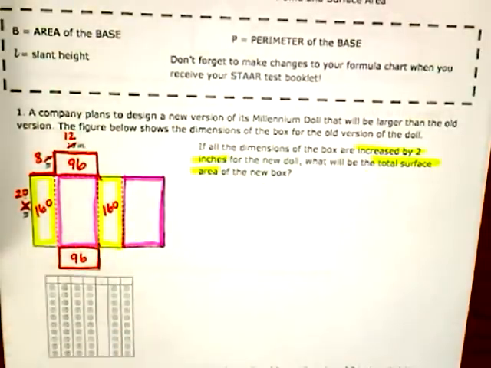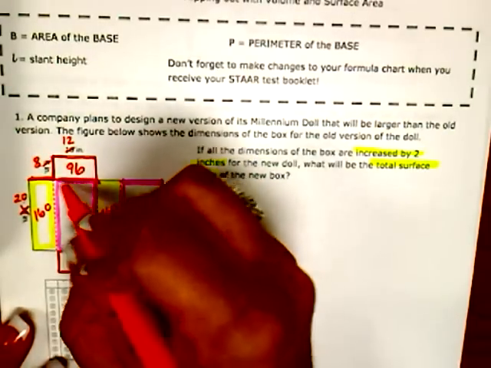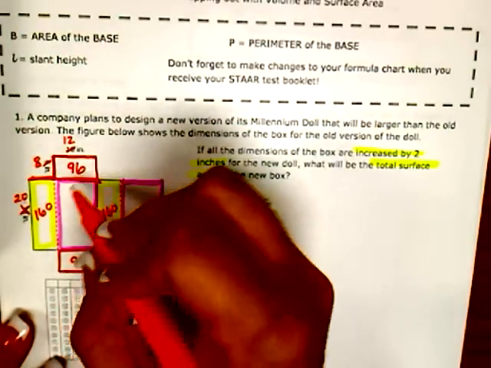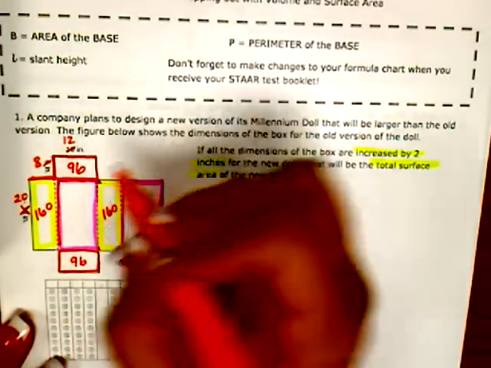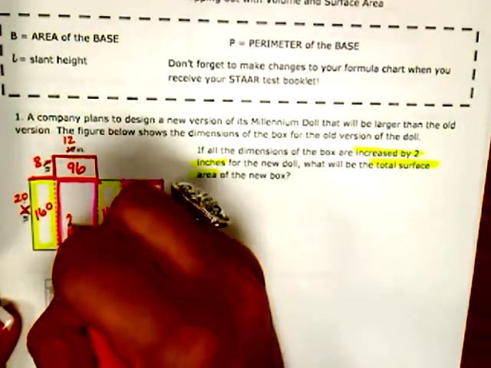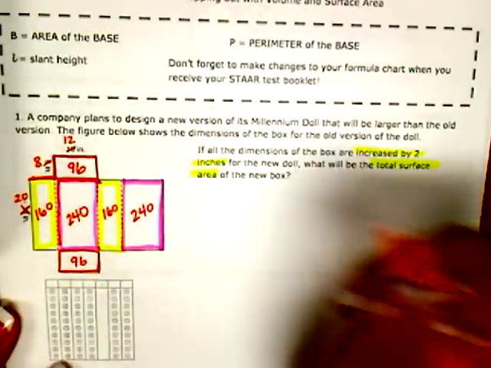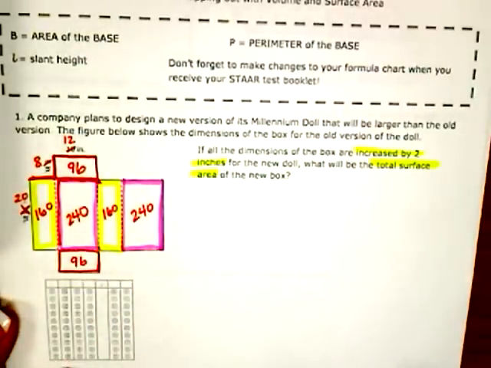And the dimensions of that rectangle are 20 by this side is 12. So 20 here, 12 there, and 20 times 12 is 240. So this one is also 240.